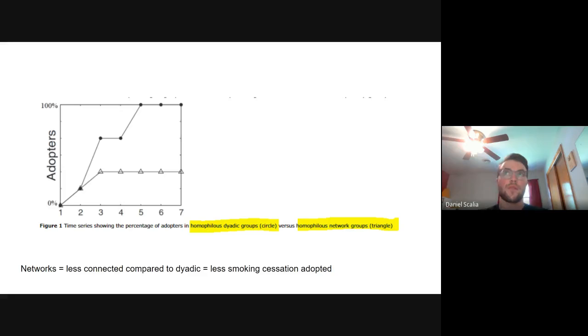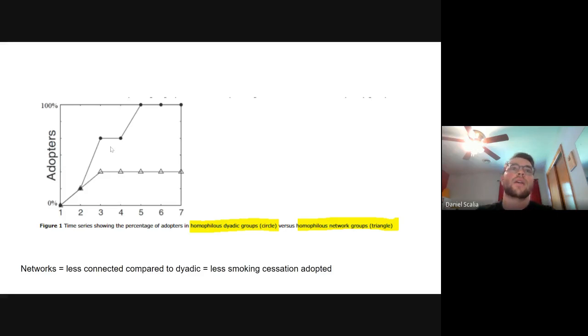You can think of Facebook as having that network of people in social media. In this study, if there's one adopter, there's very little change. But as more people in a group adopt, in this case smoking cessation, other people start to adopt it as well.